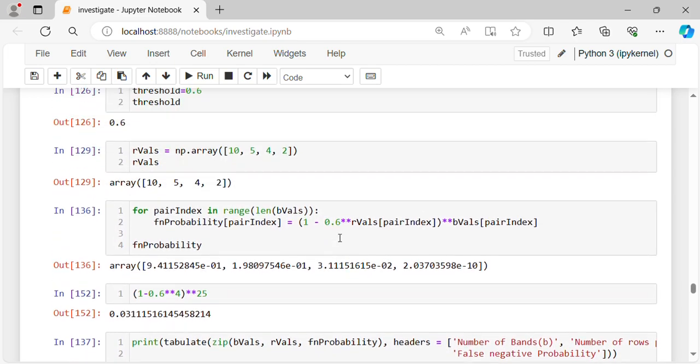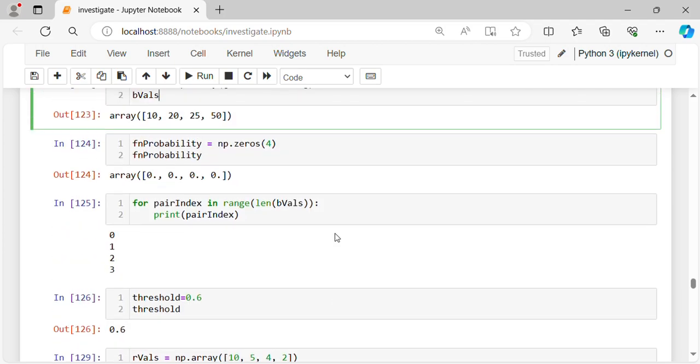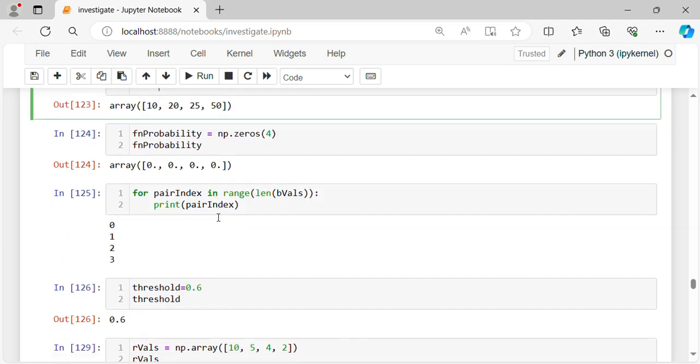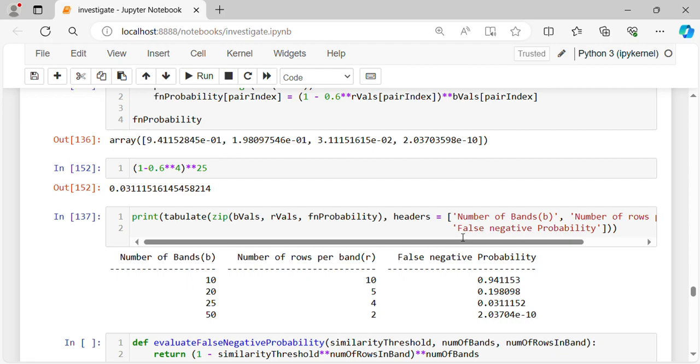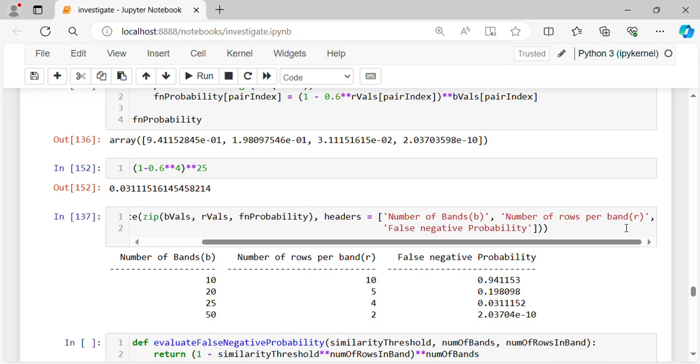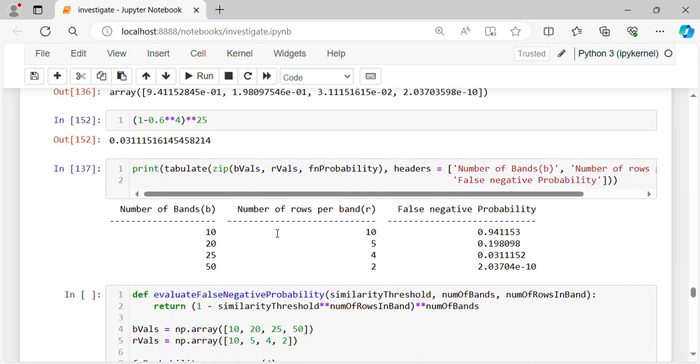And Fn probability values are the ones that were calculated over here. And the headers are number of bands for B values, number of rows per band for R values, and false negative probability for Fn probability.